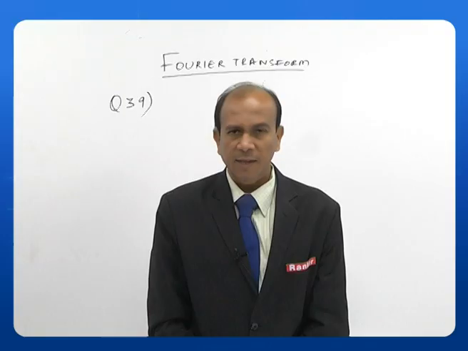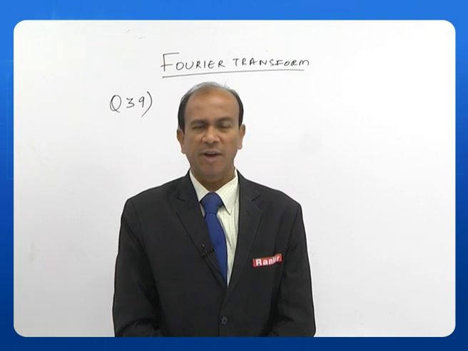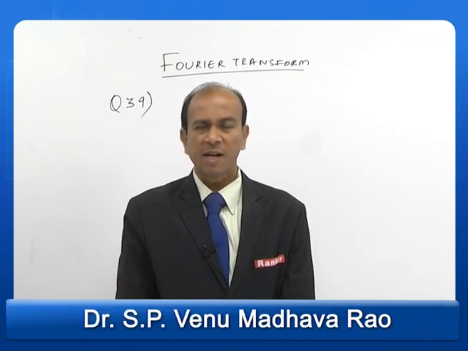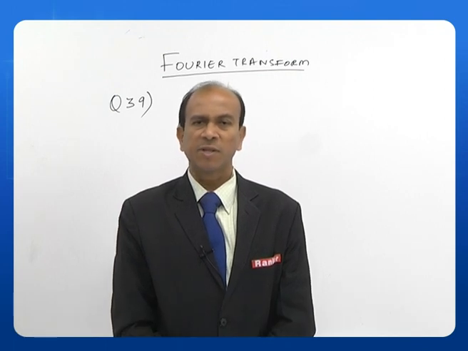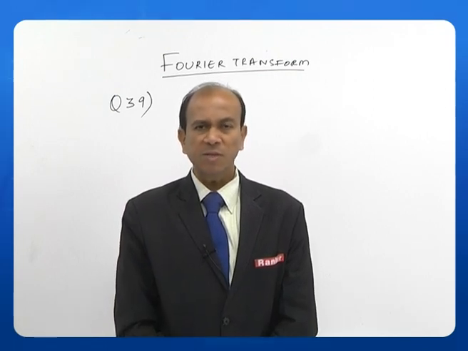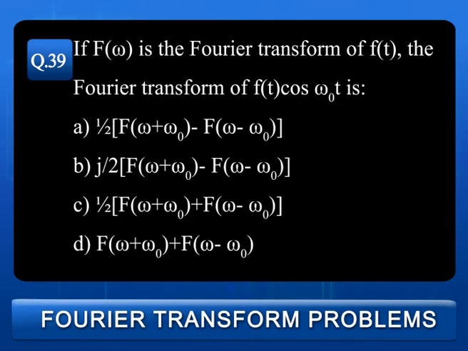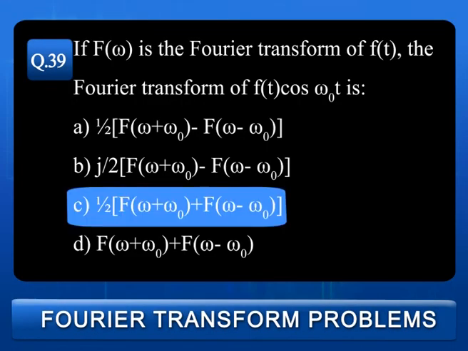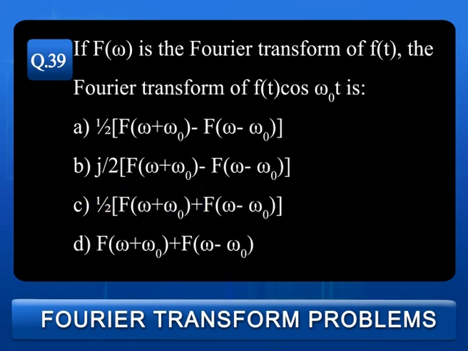This answer depends on our earlier knowledge, where we found that cos 2 pi fc t consists of two delta functions which exist at f equal to plus or minus fc. Now this cos function is being multiplied by a function f of t. So the answer is C, that is half of F of omega plus omega naught plus F of omega minus omega naught.